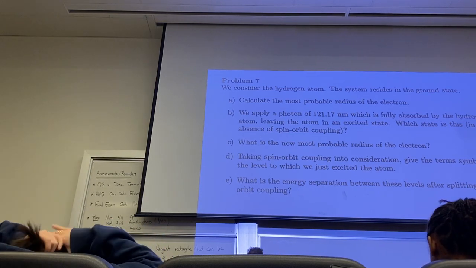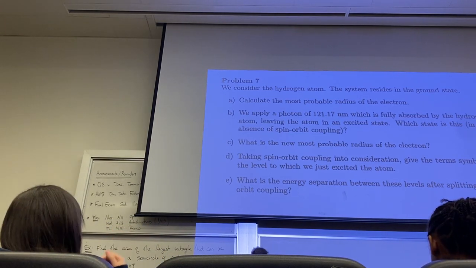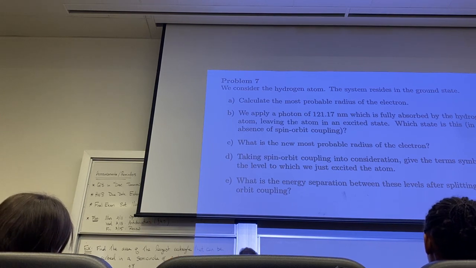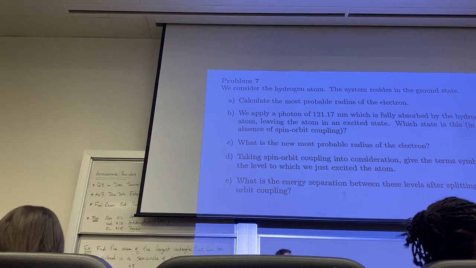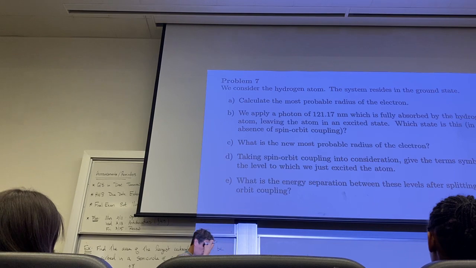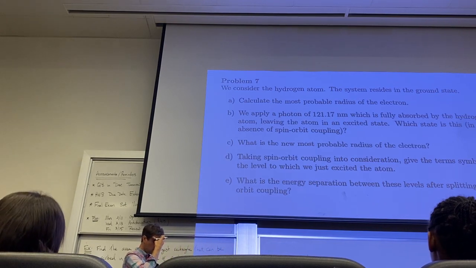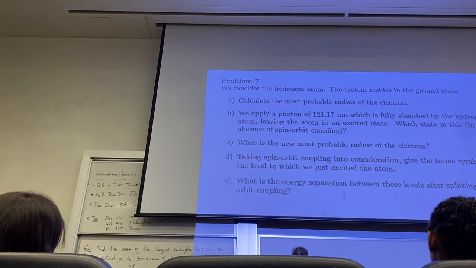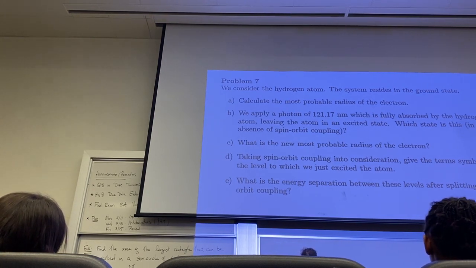Okay, so I'm going to do the same thing for this question C. I'm going to write it out. I'm going to find my function R for n equals 2 and l equals 1. And I see the following.